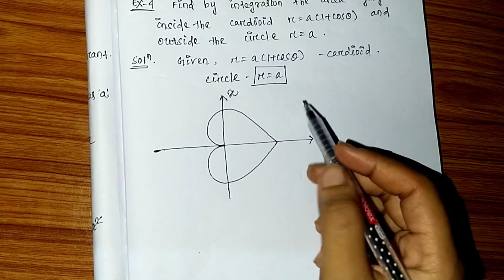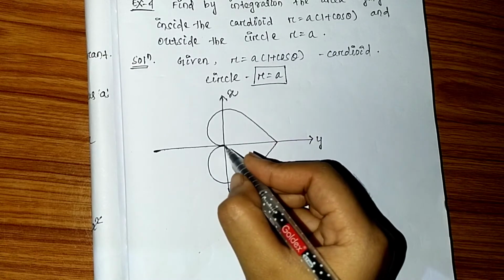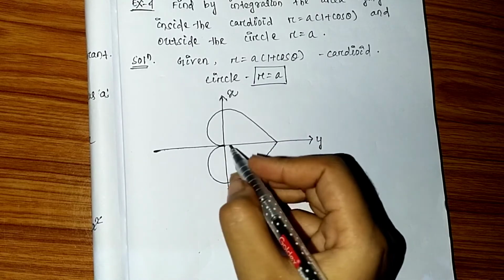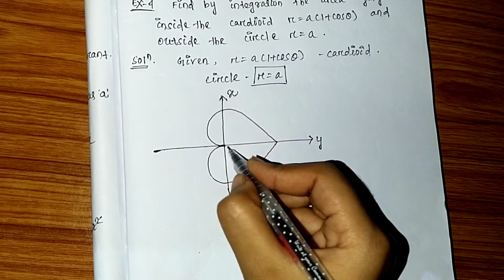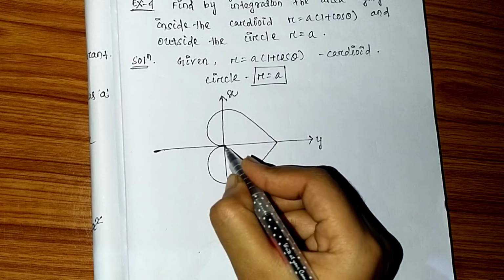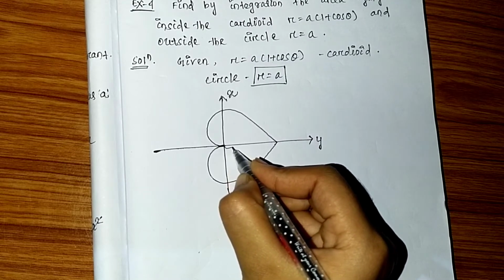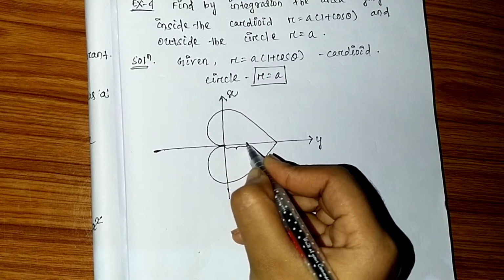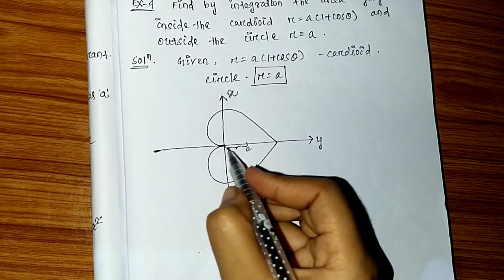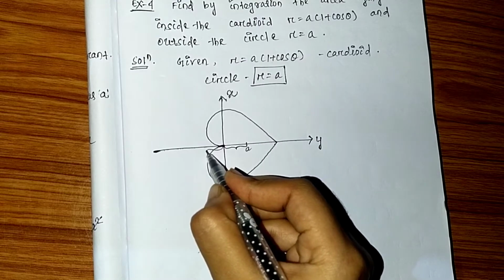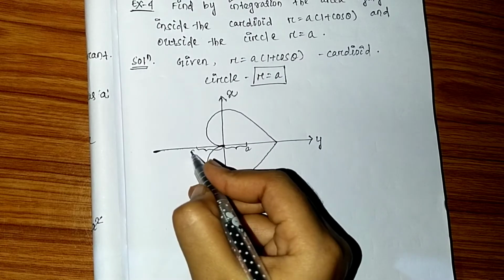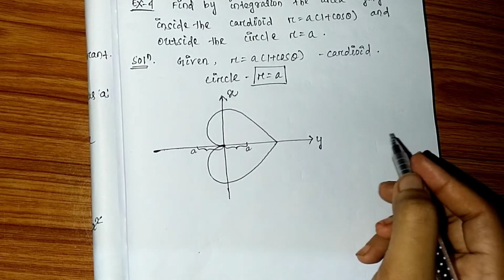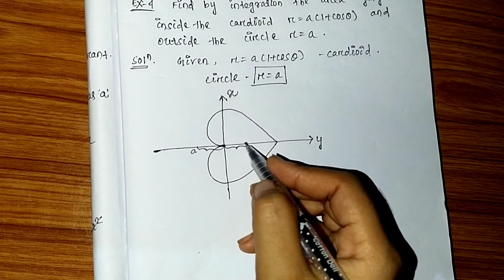Then the circle has radius a. So the center is 0 0 and the radius is a. This is our 0 0 center, and suppose that is a. So our radius is a.